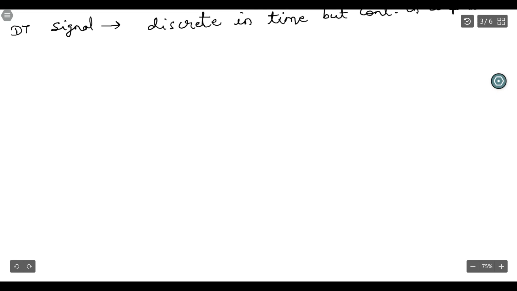Now we see the process of quantization. What is basically quantization?